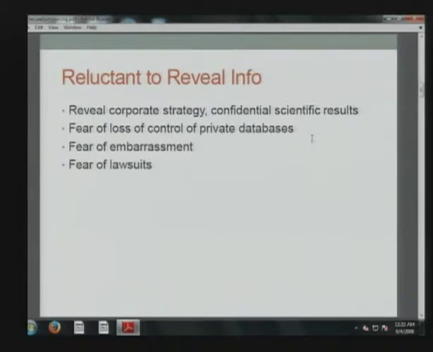But they cannot send their matrix to Google because it's illegal to reveal their scientific results before publication. Also, some clients may fear loss of control of their private databases, and some of them do not want to use cloud servers because of their queries. Maybe it will cause them some embarrassment or some lawsuits.